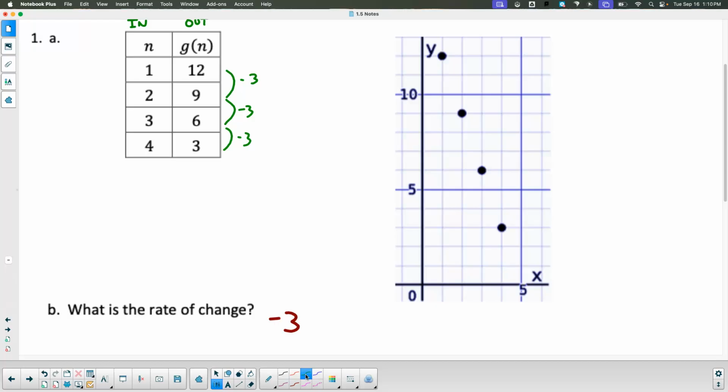Going from this point, we went either up 3 and left 1, or down 3 and right 1. In either case, that fraction, rise over run, the slope of that line, or the slope between those points, is -3. Okay? Love it.